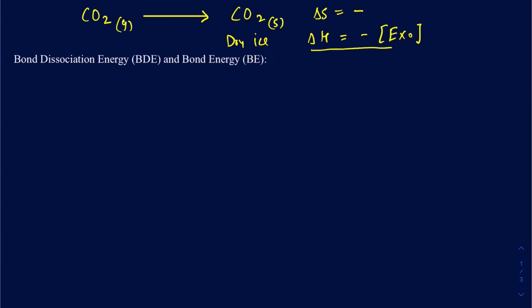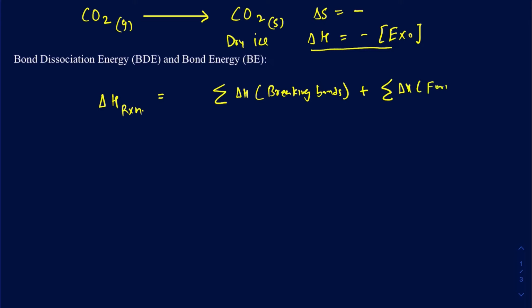To find the delta H for those particular cases, let's suppose the delta H of a reaction is going to be equal to the sum of all the delta H's where you are breaking the bonds plus the sum of all the delta H's where you are forming the bonds.